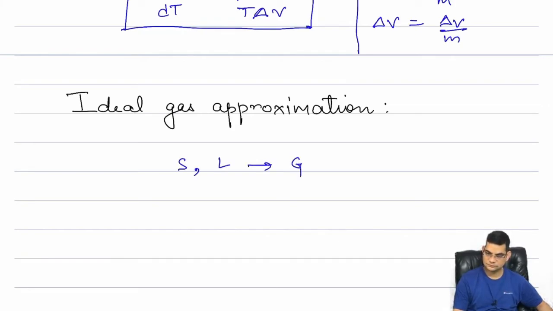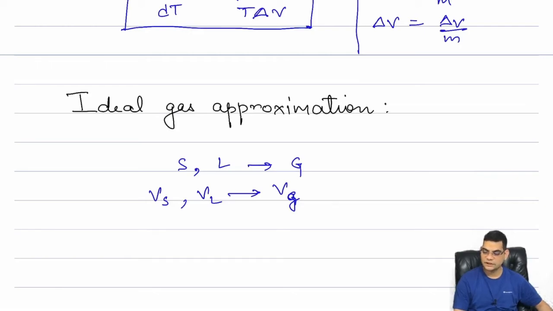So the volume of solid and liquid is converted into the volume of the gas. But we know that the volume of gas is very large compared to the volume of solid or liquid. So, in the change of the volume, we ignore the volume of the solid and liquid.